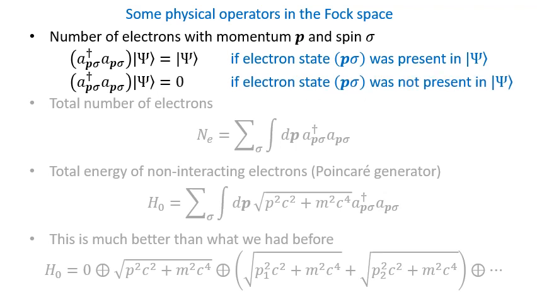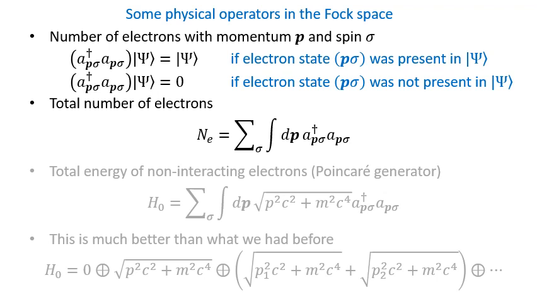If, on the other hand, there were no electrons with momentum spin p sigma, then the result is 0, again confirming our interpretation of this operator. Note that due to the Pauli exclusion principle, the number of p sigma electrons cannot be greater than 1. Next, it's easy to obtain the operator of the total number of electrons in the system.